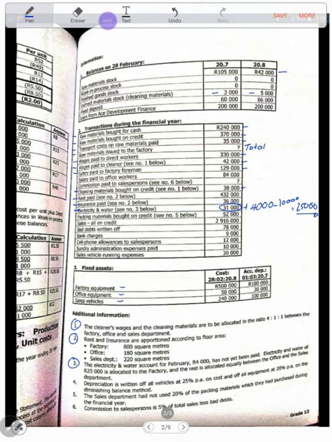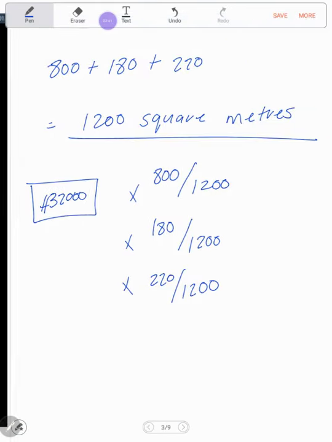Remember, what is the diminishing balance method? I'm taking the cost price, subtracting the accumulated depreciation in order to get my carrying value. What is a carrying value? It is what your actual asset is worth. And then we will multiply it by the percentage of 20%.